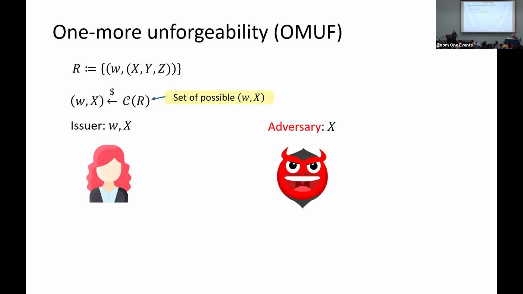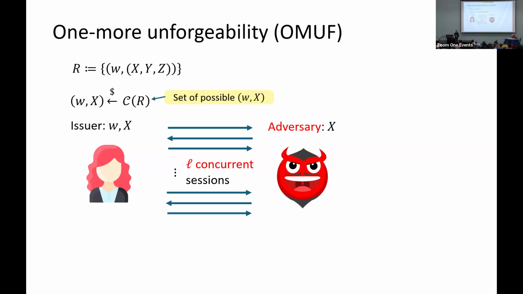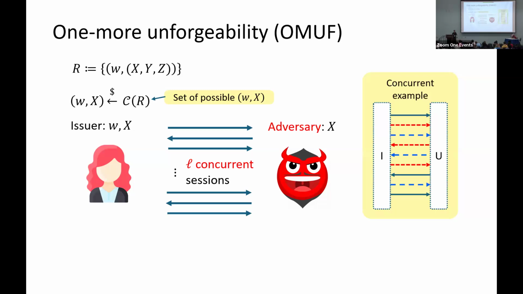And one-more unforgeability is defined using the following game. Initially a pair of W and X is sampled, and the adversary acts as a malicious user with input X and can engage in L concurrent sessions, where concurrent means that the interactions between different sessions can be arbitrarily interleaved.